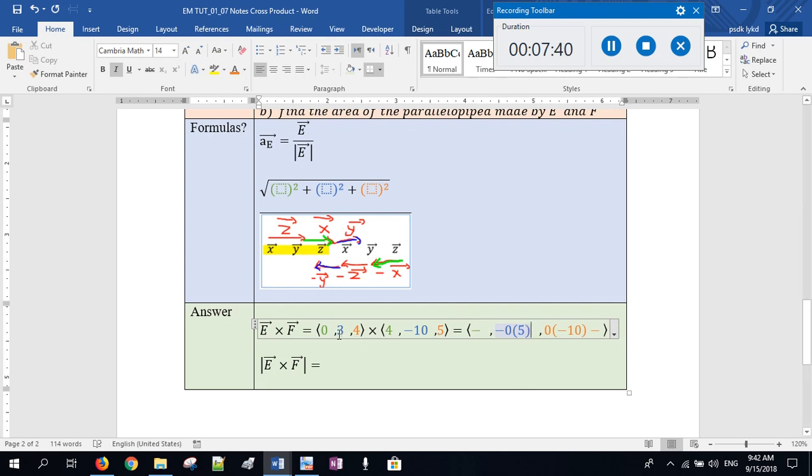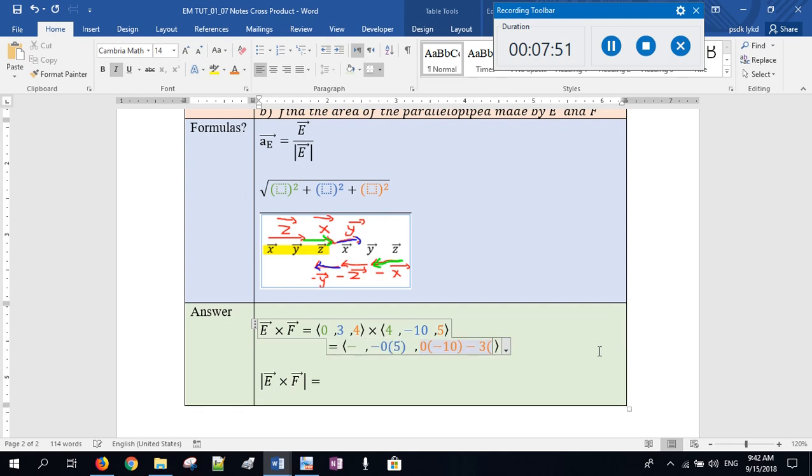Now 3 times 4, y into x. Y into x will give minus az. 3 times 4. Now 3 times 5, y into z, so it will give us positive ax. 3 times 5.